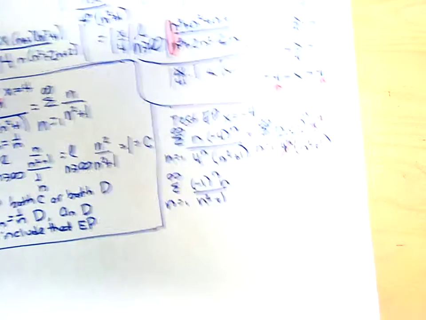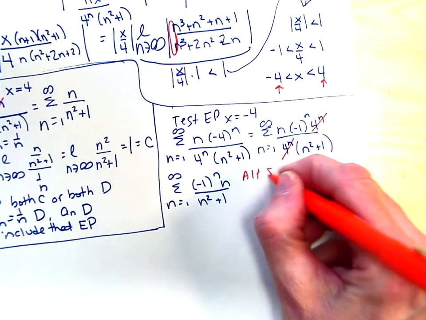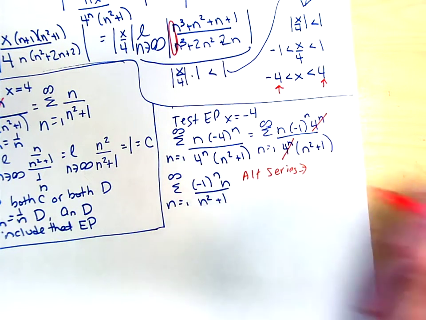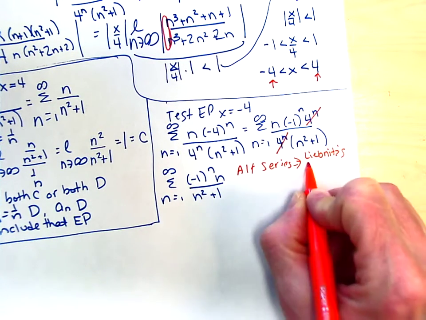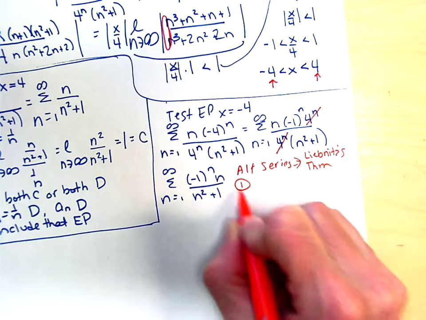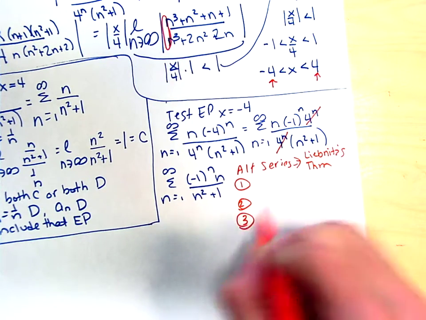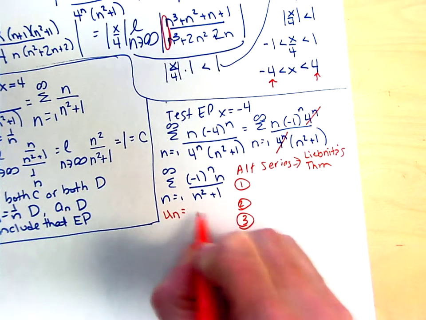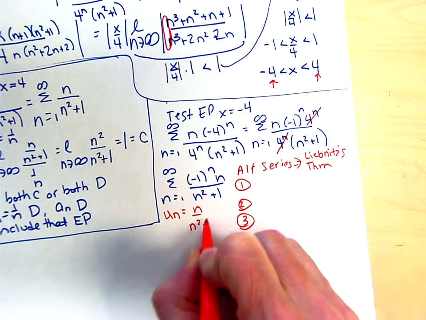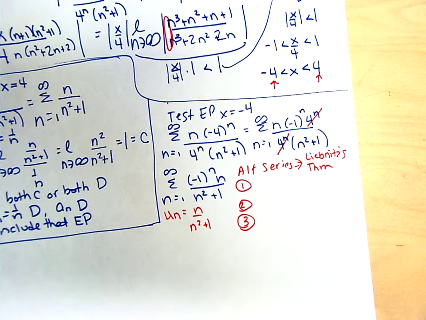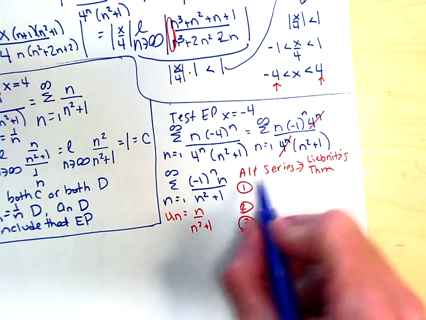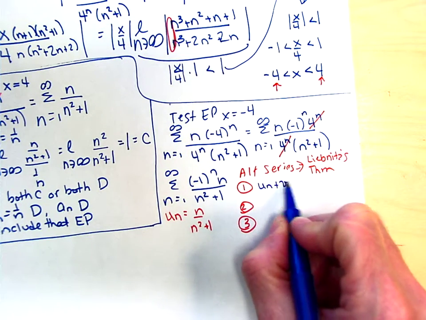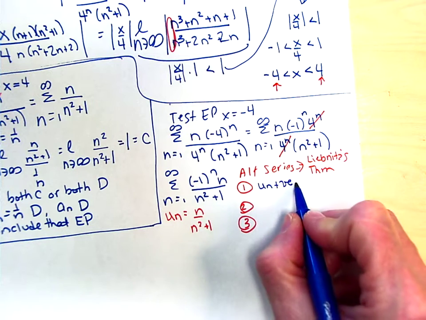Since it's an alternating series, I have to run Leibniz's theorem. There are three conditions. From what we've learned, u sub n is n over n squared plus 1. First, u sub n is positive everywhere, so we get a check.